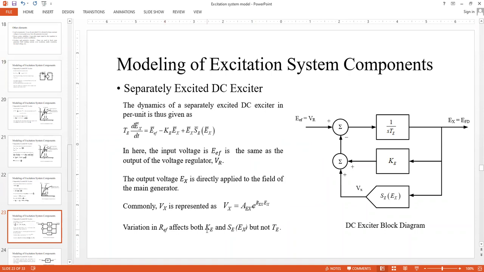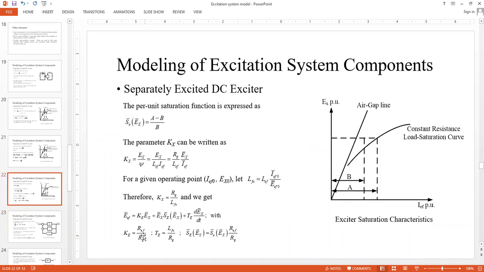That is the gain that we assumed here. If we change REF, KE will be affected, and my saturation function here would be affected. However, the time constant remains unaffected, because the time constant is not a function of REF; it is a function of the air gap resistance and the unsaturated field inductance.